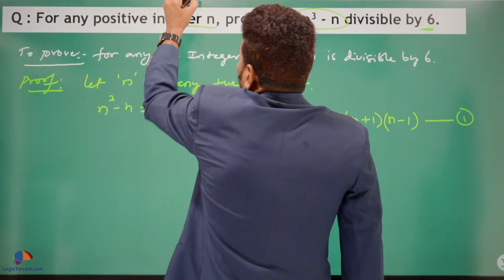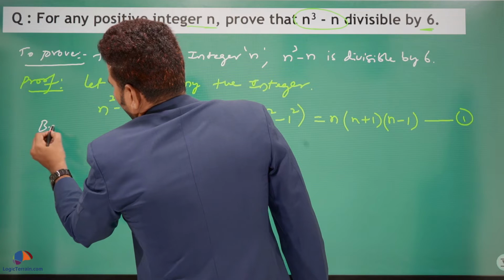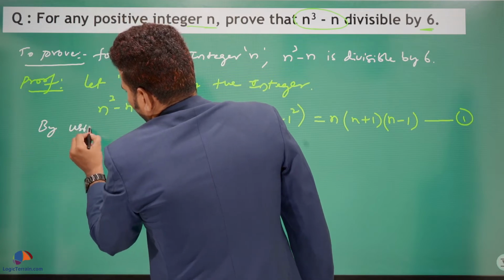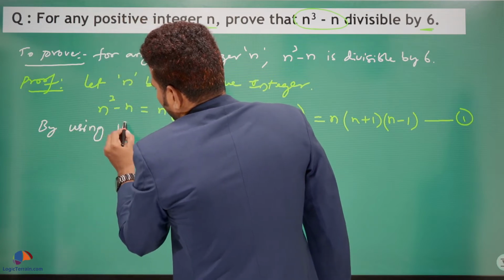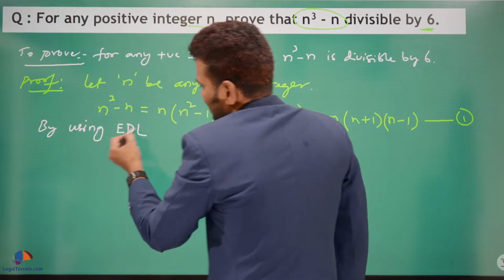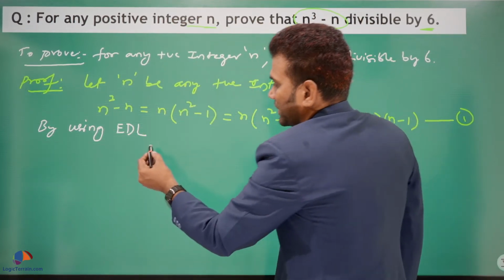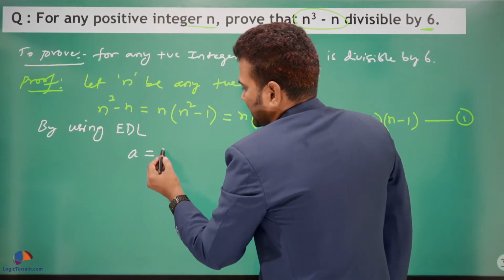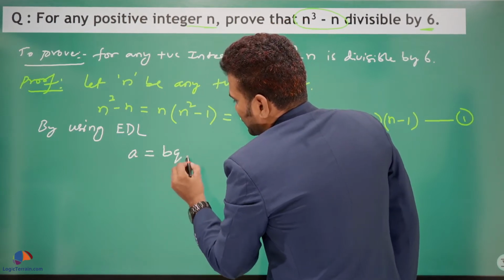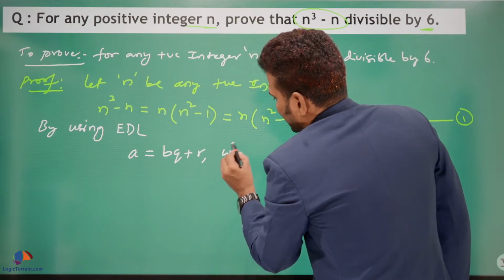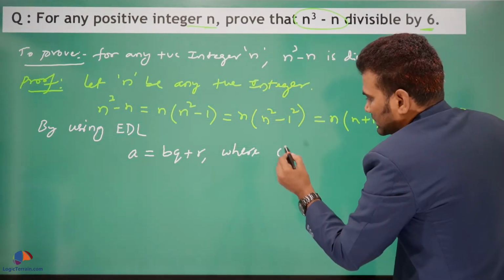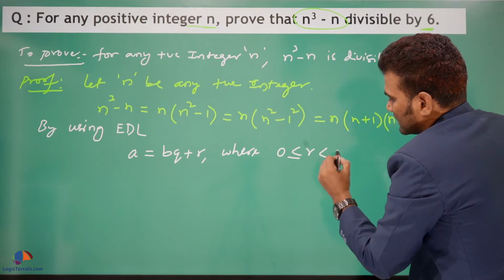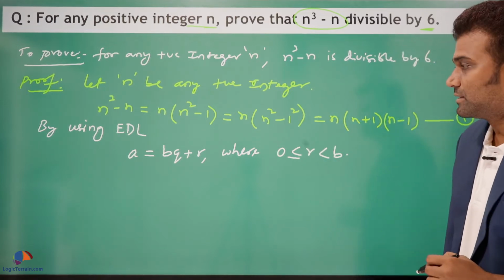Now by using EDL, that is Euclid's division lemma, we know that for any positive integer a, a is equal to bq plus r, where 0 is less than or equal to r is less than b.